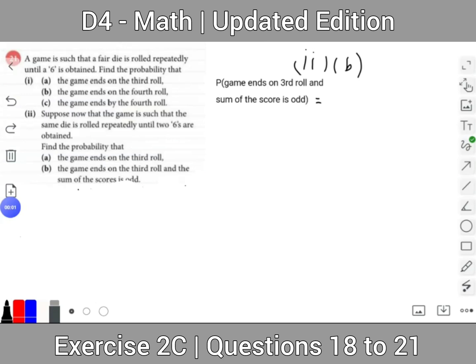Now in part 2, we find the probability that the game ends on the third roll and the sum of the score is odd. Since there is a condition that the die is rolled repeatedly until two sixes are obtained, here we have two possibilities.